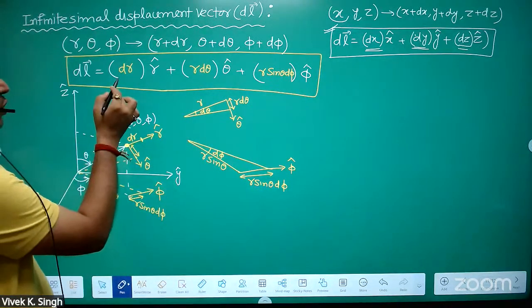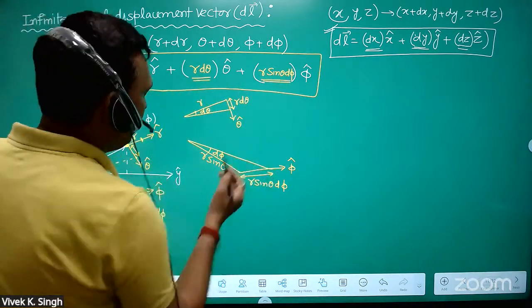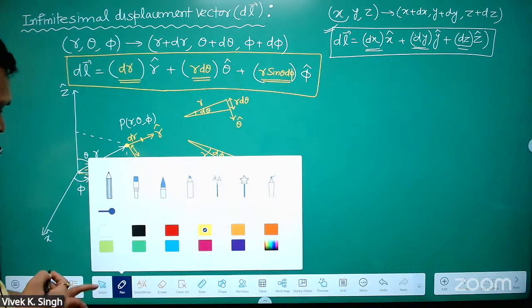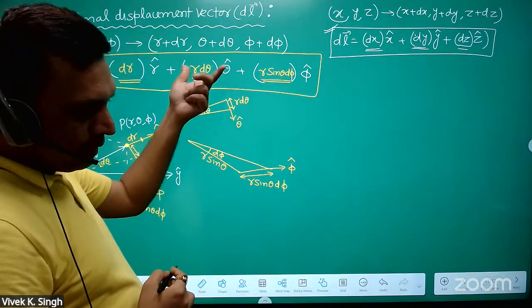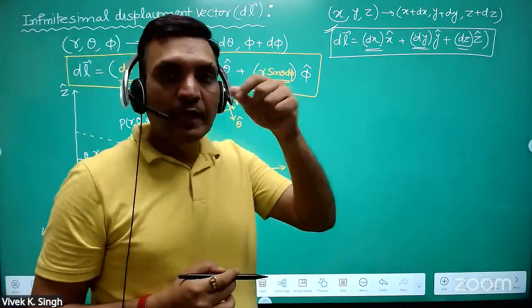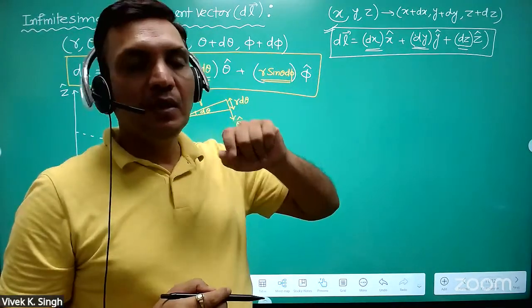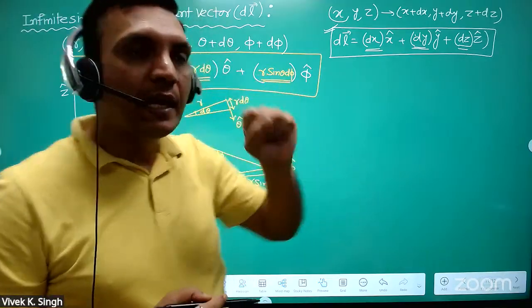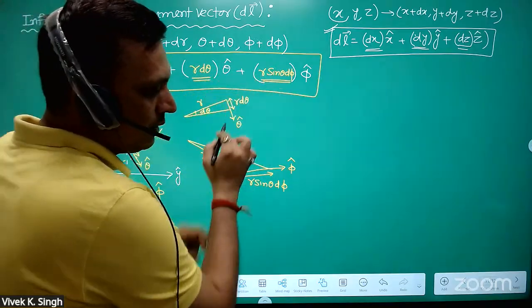And their sides are what? dr, r d theta, r sin theta d phi. Can you just assume an elemental cube whose axes are r cap, theta cap, phi cap, but the lengths along them are different? This is dr, this is r d theta, this is r sin theta d phi.